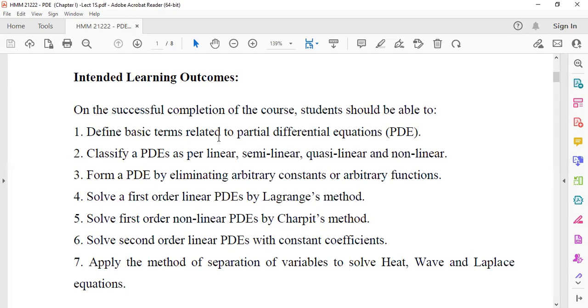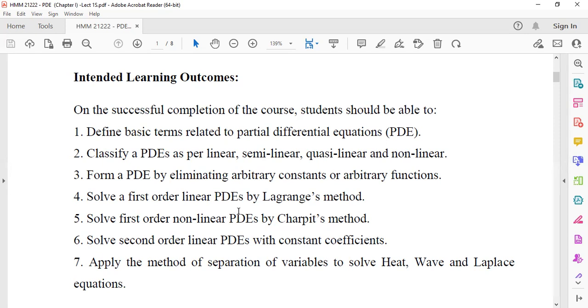First of all, we'll introduce what is a partial differential equation, and we'll see how to classify it as per the order, degree, linear, homogeneous, like that. There is another classification also, linear, semi-linear, quasi-linear. We can see everything.